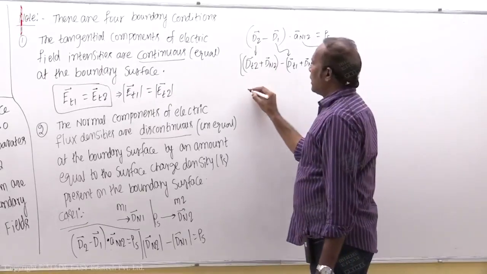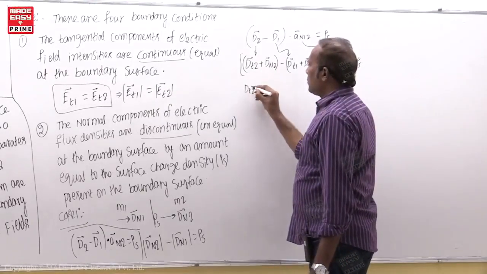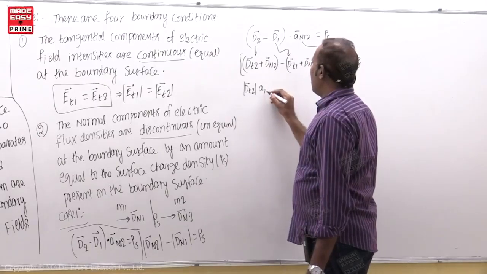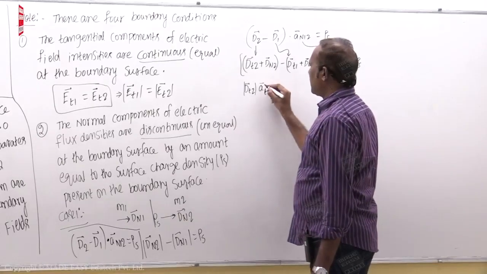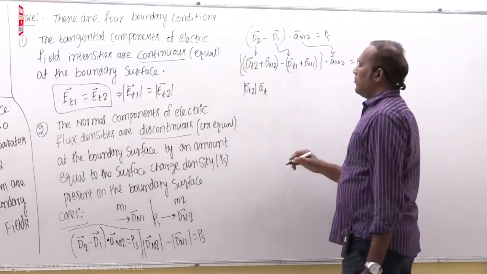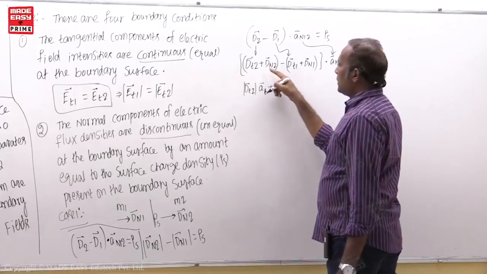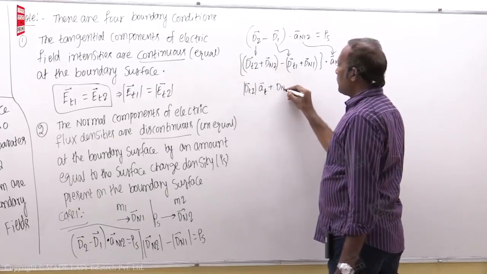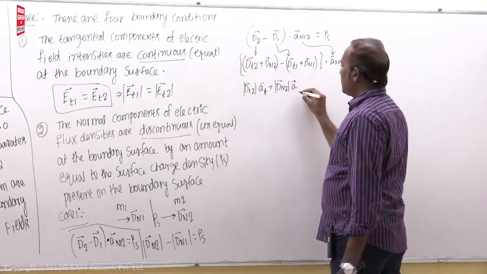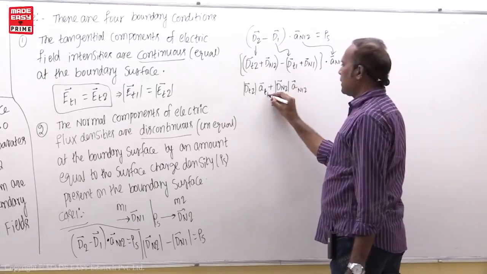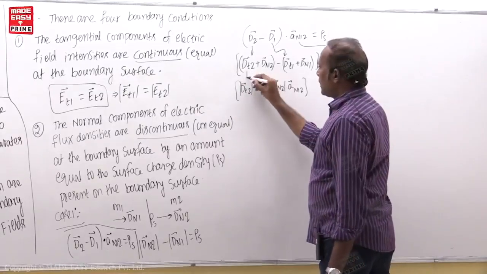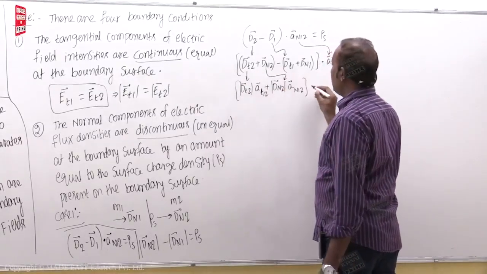Now this D2 can be written as modulus of DT2 AT bar, that means tangential unit vector, plus modulus of DN2 AN12, normal unit vector. This you can write like this.